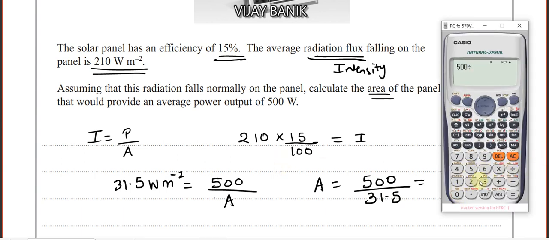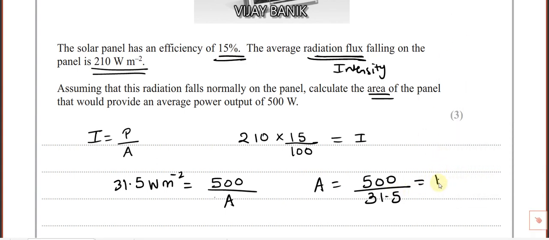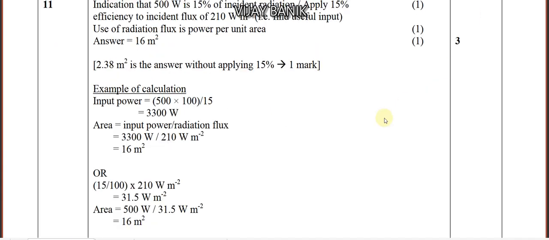It's 15.87, so 15.9 meter square, to three significant figures. Let's see what the mark scheme says. The mark scheme says around 16 meter square. So this answer is correct.